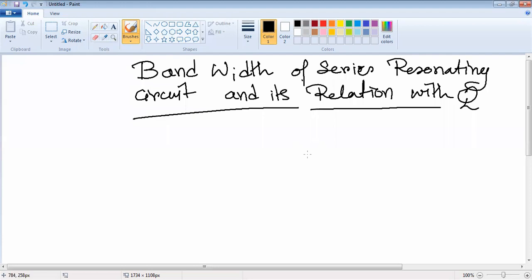Look, what is the bandwidth? The frequency band within a limit of the lower and the upper half power frequency is called the bandwidth of the resonant circuit. You can write down just this is for just recall.